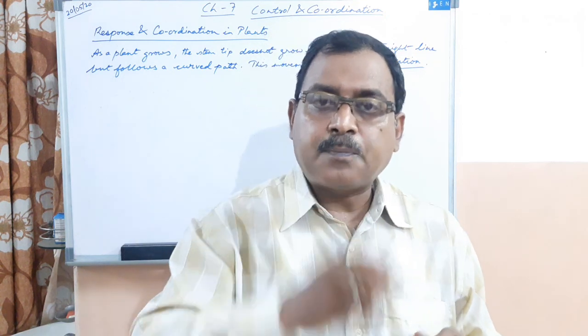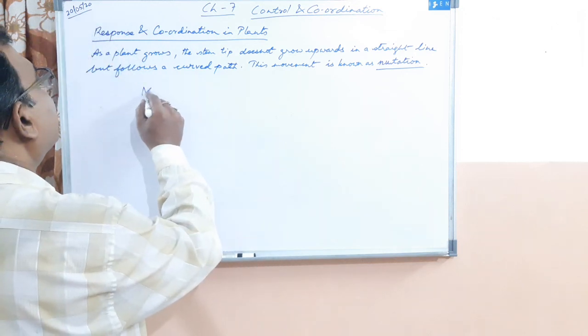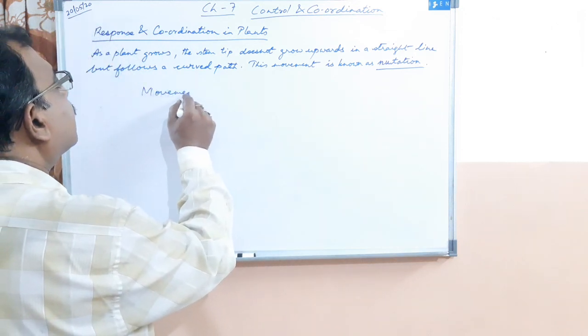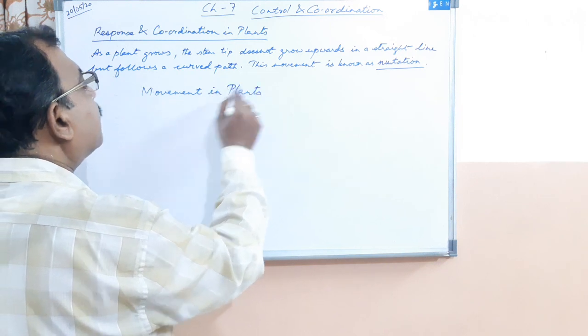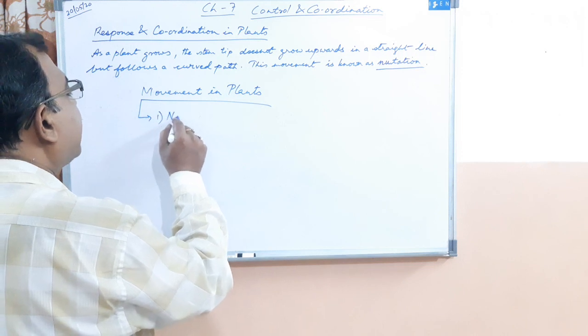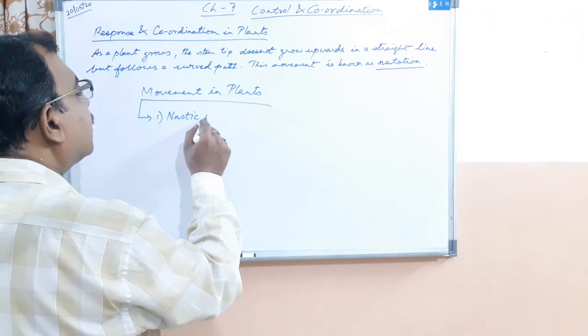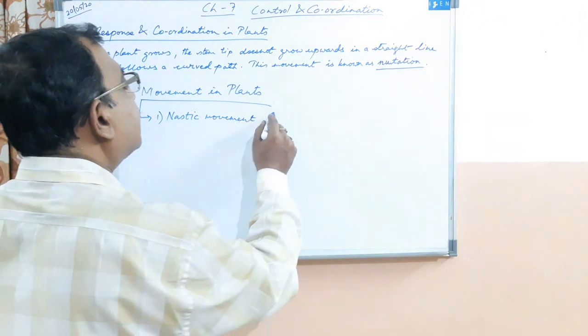So the first type of movement in plants is nastic movement.